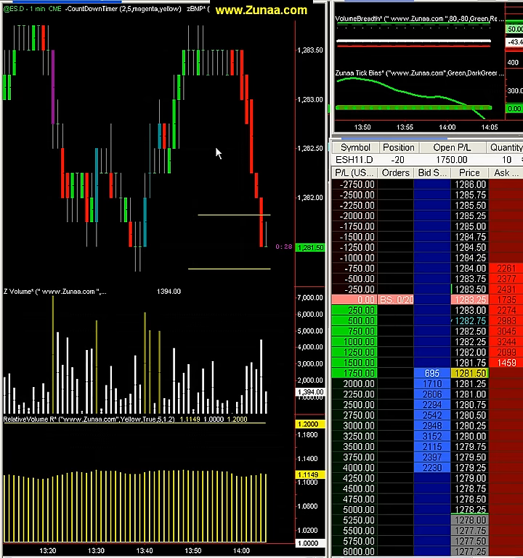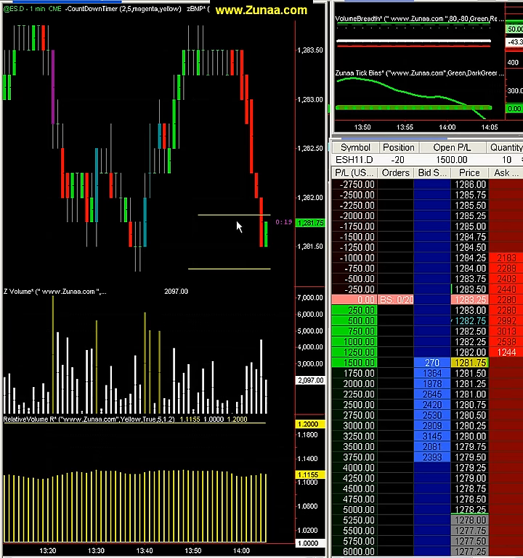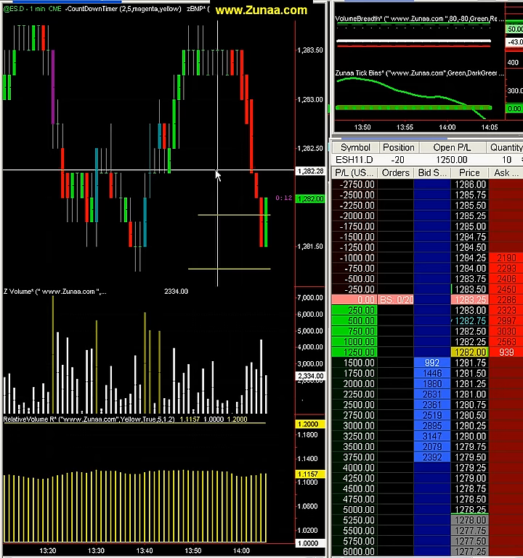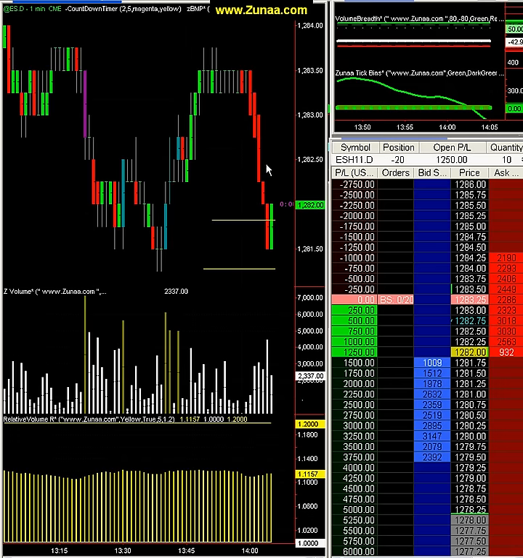There's no reason at this point to go to a scratch stop, because price action has moved enough. Our first profit target was far enough from our entry price that we don't need to go into a scratch stop. Now, if we cannot push below this level, we will monitor this area.